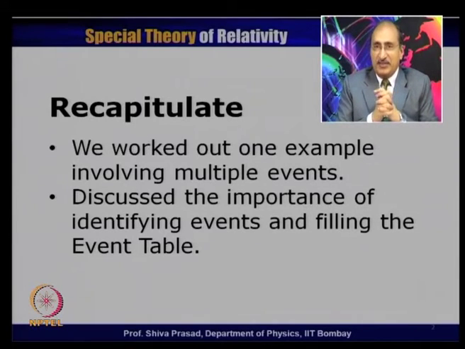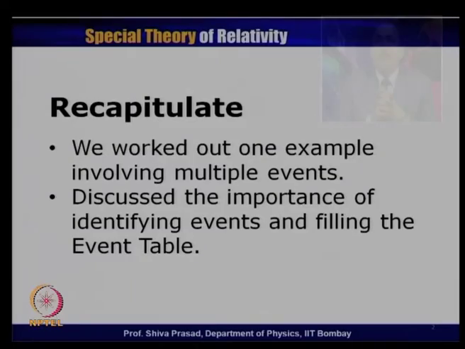Now, in today's lecture, we will start by giving one more example involving the speed of light before we go a little bit ahead in the course. So, the example is comparatively simple. We have been working out these types of examples where there is a train in which a particular observer is sitting and that observer emits light.